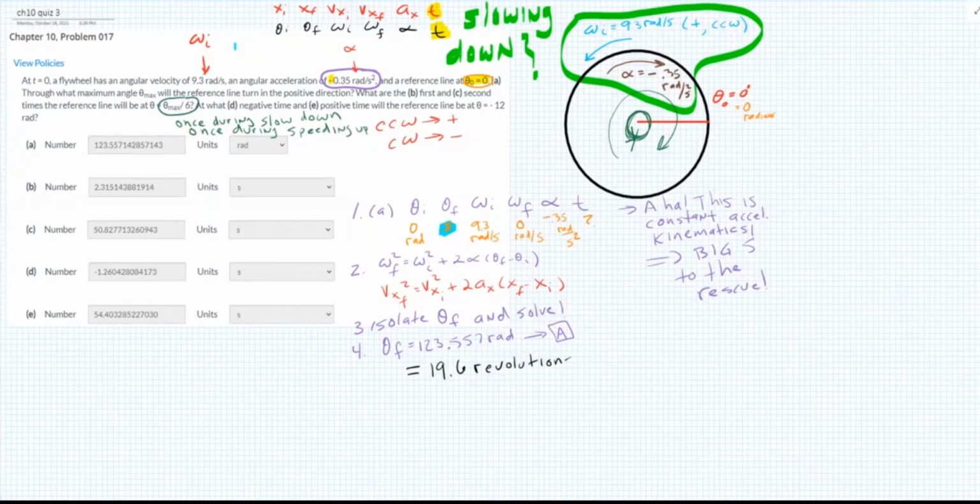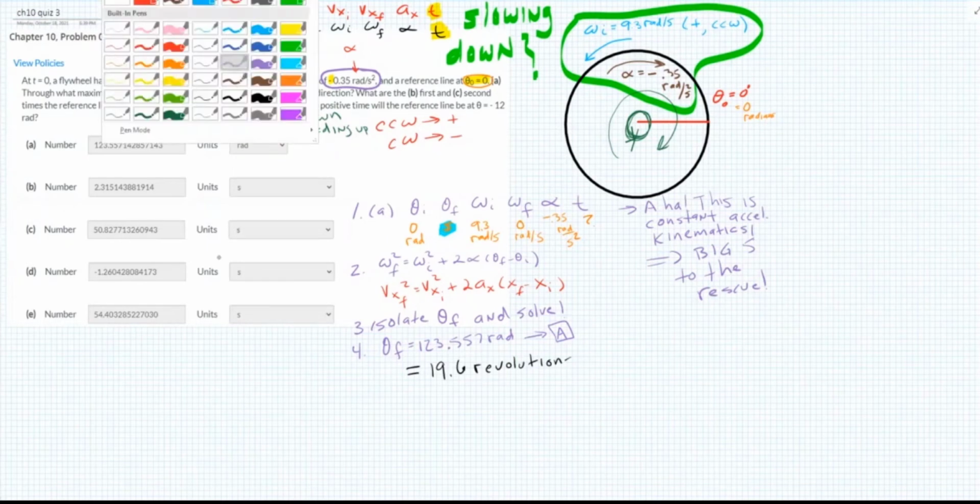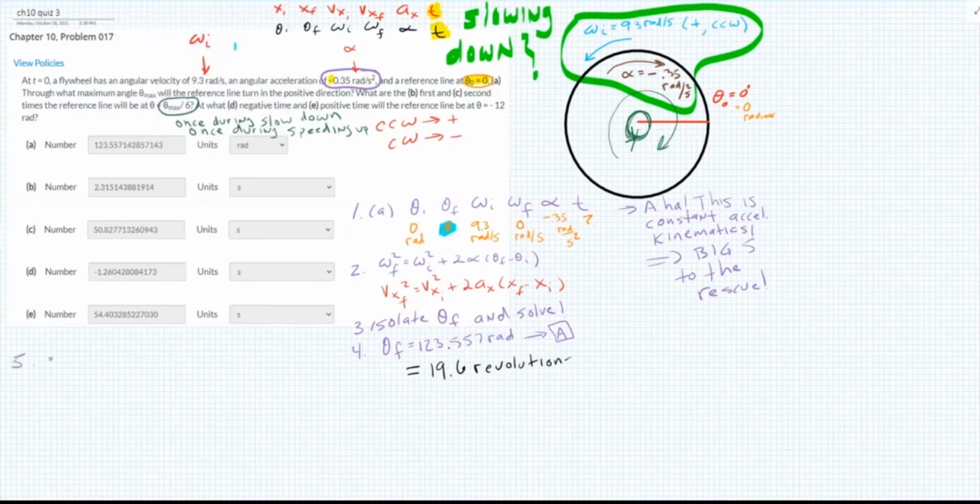So number five, way over here, let's do a new kinematics table. I'm going to have theta initial, theta final, omega initial, omega final, alpha, and T. Now I've got to be careful. What's the first and second times the reference line will be at that particular point?